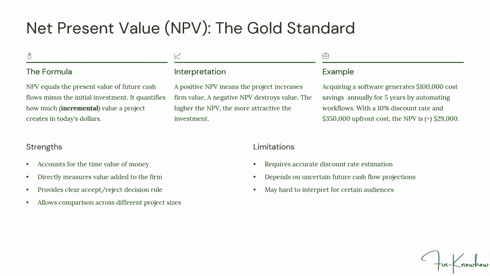So as in the examples that we worked out in the last video, we could calculate the present value of the investment. The investment is an upfront investment, so the present value of the investment is $350,000. No adjustment needed for time value of money.